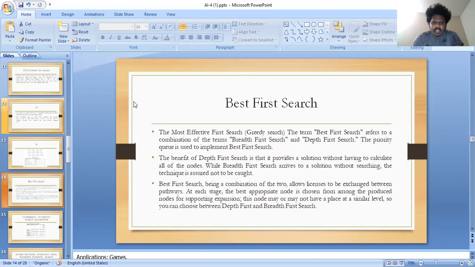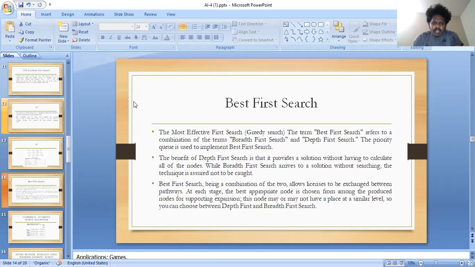Best first search, the most effective best first search. The term best first search refers to a combination of breadth first search and depth first search. A priority queue is used to implement best first search.